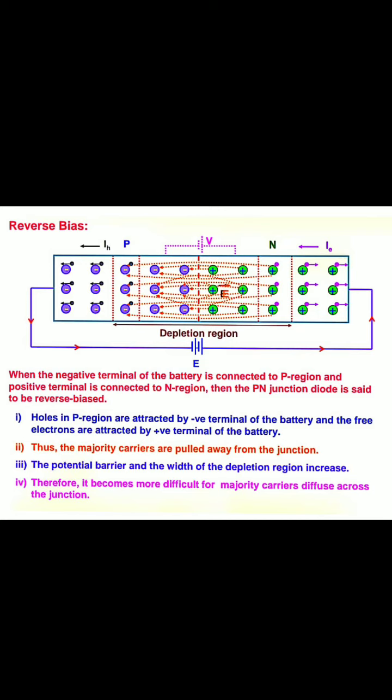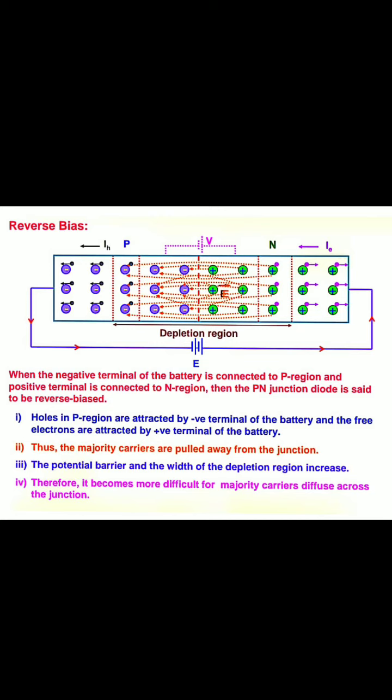But the minority carriers cross easily, because the minority carriers, the electrons present inside the P and the holes present inside the N, will be repelled and shift across this depletion region. So we can say that in forward bias the current is due to the majority carriers, but in reverse bias whatever current we get is due to the minority carriers.